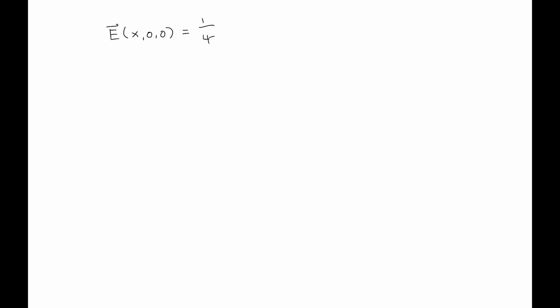I'm going to keep this bit in there. That doesn't go anywhere. I still have lambda, but now lambda is just a constant, so I can just write it like that. And then that's the magnitude of the separation vector squared. That turned into x squared plus y squared.